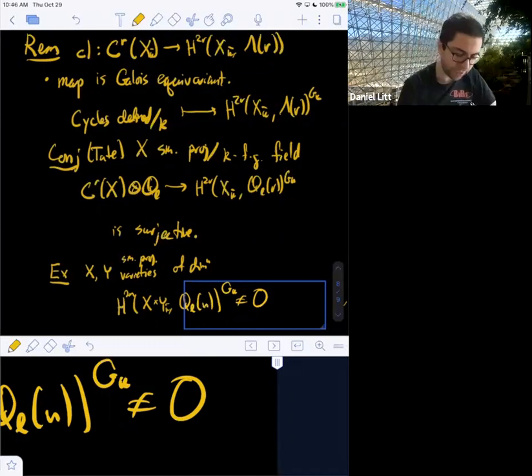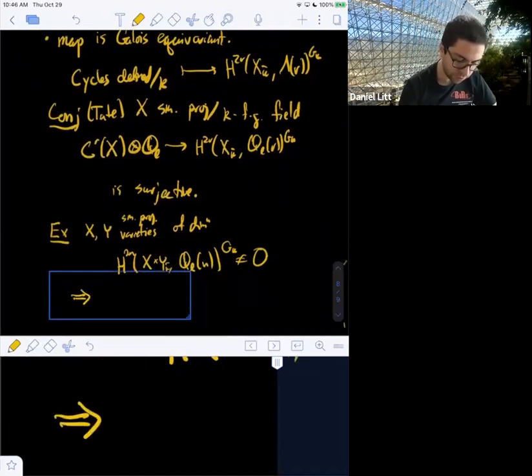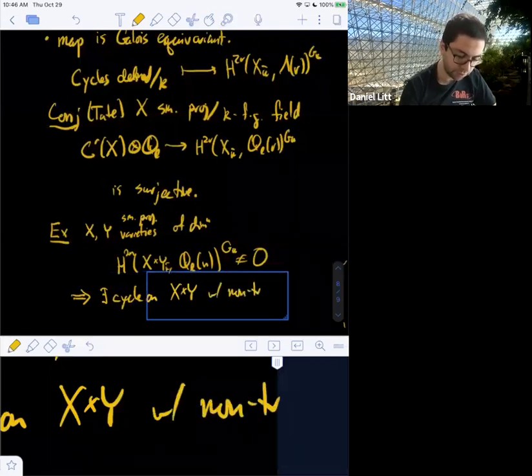So it's the same statement. Then this should imply that there exists a cycle on X times Y with non-trivial cycle class.